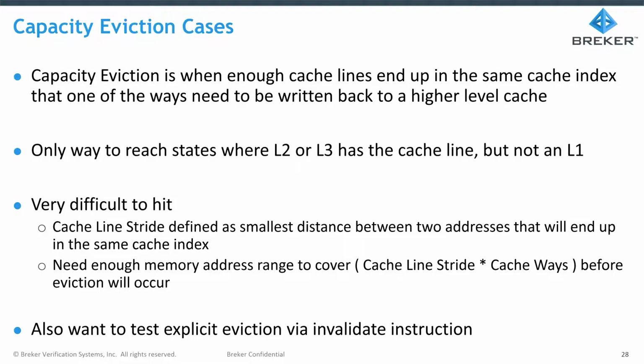Related to this problem is capacity eviction. So we want to not only drive the invalidate instructions that will cause software to evict a line from a cache, but to get enough hits on the same index in the cache such that cache lines have to start getting evicted.